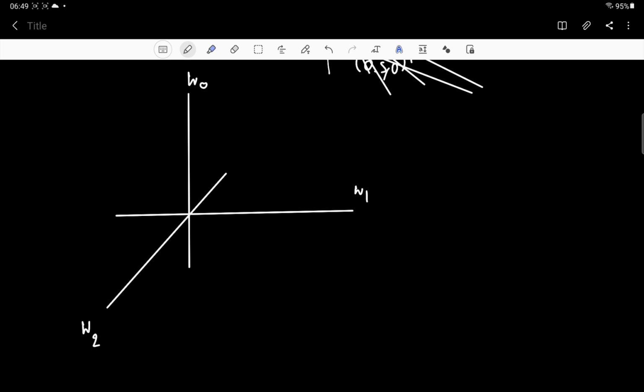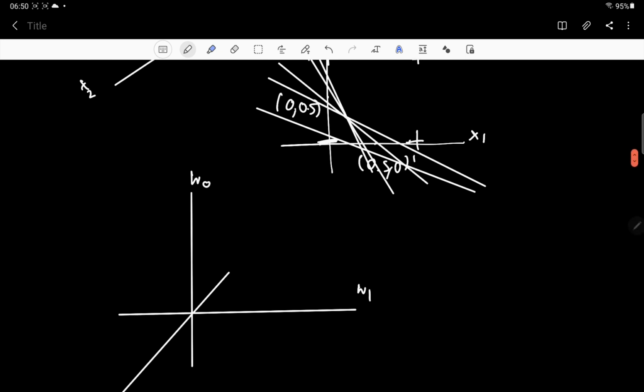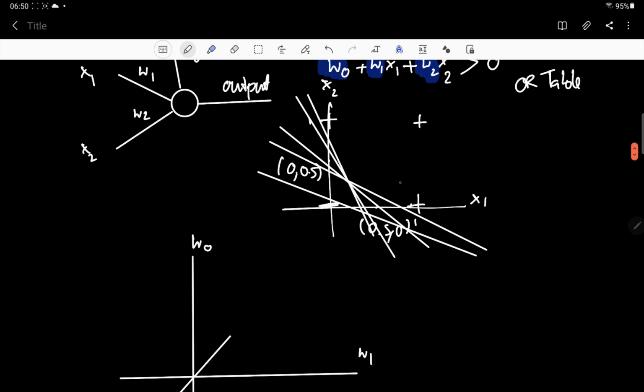We need some point in this space, like for example the one we had here. Do you remember? We have the weight minus 0.5 plus w1 x1 plus w2 x2 must be greater than 0. So the weights are minus 0.5, and 1 and 1.